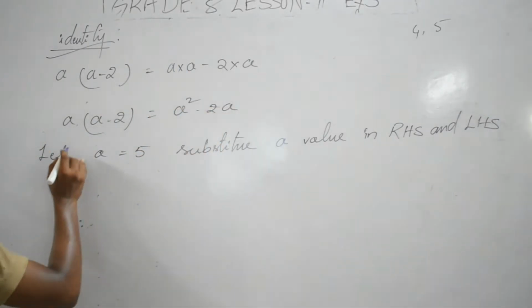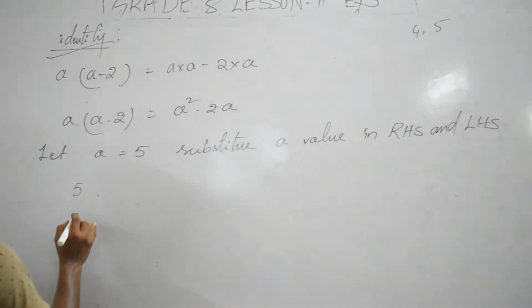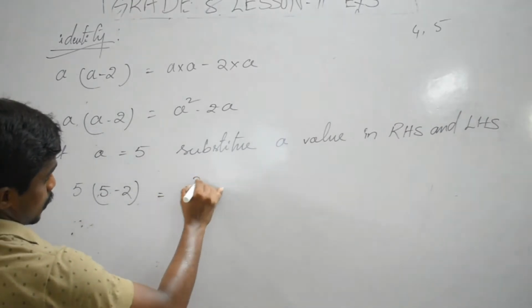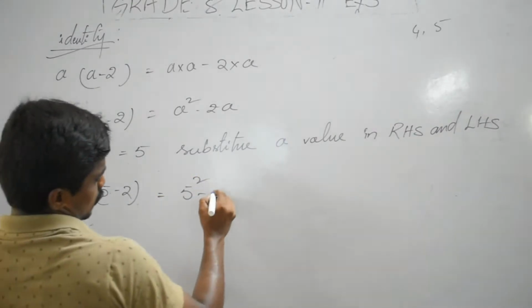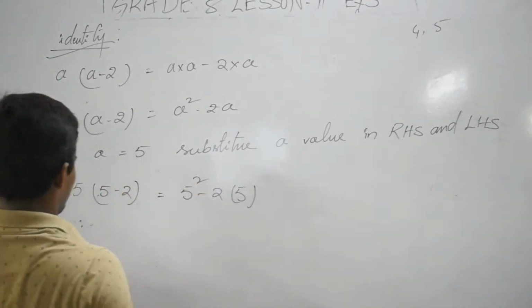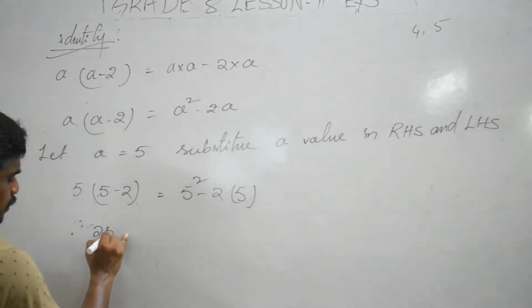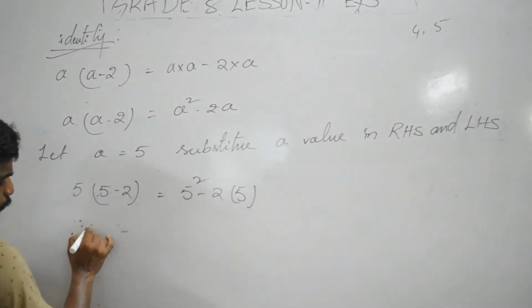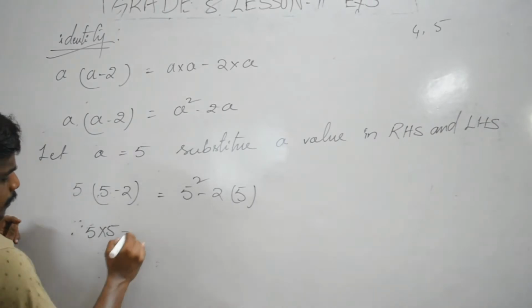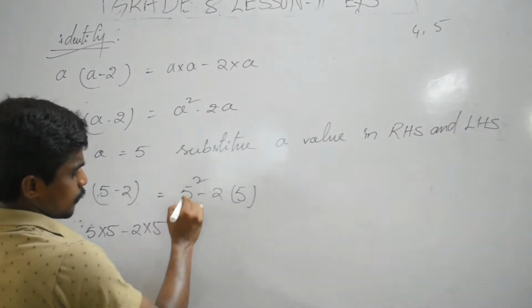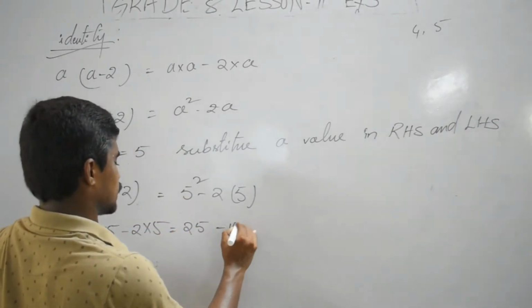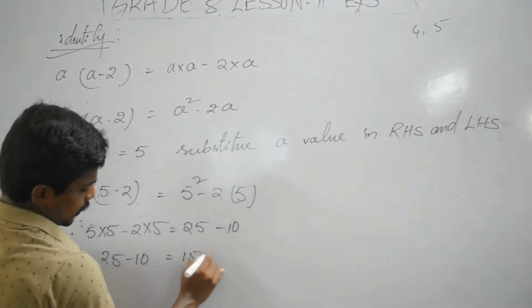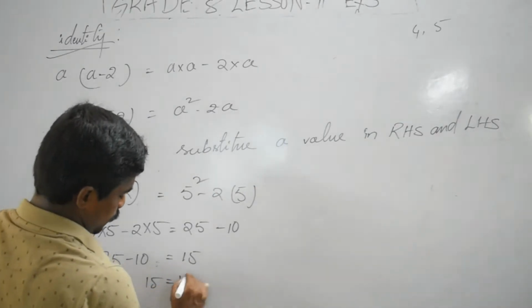So here a value, how much? 5 times 5 minus 2, 5 square minus 2 times 5. So 5 5s are 25 minus 5 2s, 5 times 5, 2 times 5. 5 5s are 25 minus 10. 25 minus 10 is 15. 15 equal to 15.